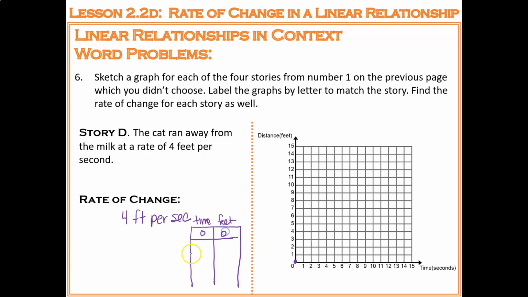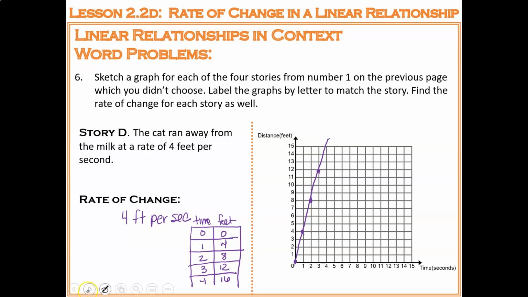So 0, 0. After 1 second, there's your unit rate. The cat is 4 feet away. 2, cat is 8. 3, 12. 4, it's 16. That's going pretty fast.